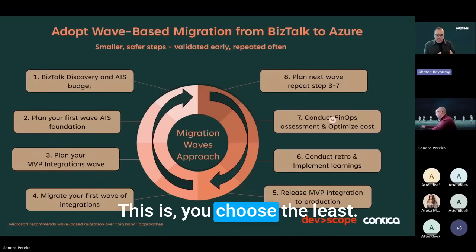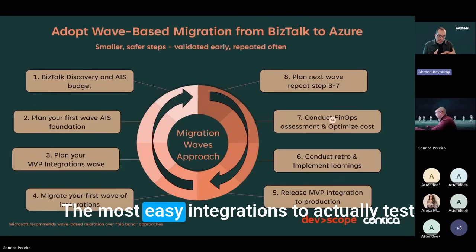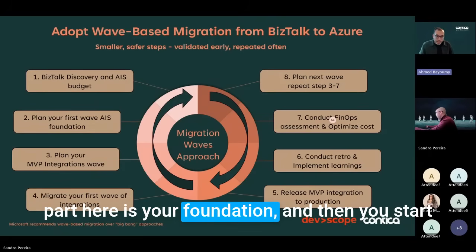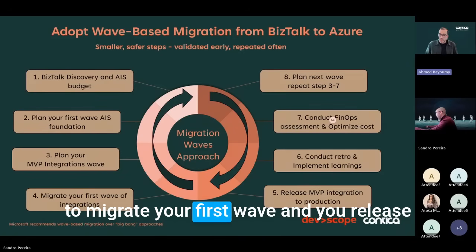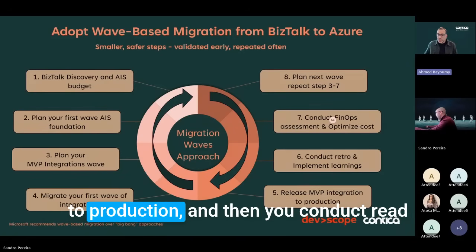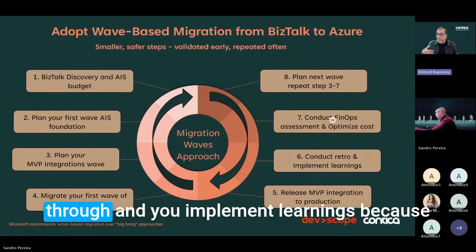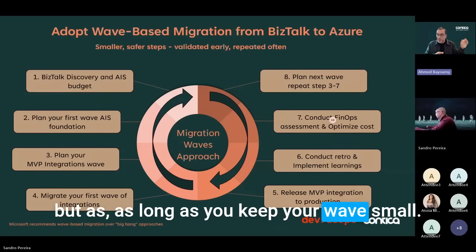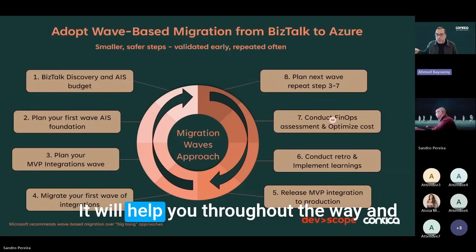You choose the easiest integrations to actually test your foundation, because the most important part here is your foundation. And then you start to migrate your first wave and you release to production, and then you conduct a retro and implement the learnings, because you will be learning, but as long as you keep your wave small, it will help you throughout the way.